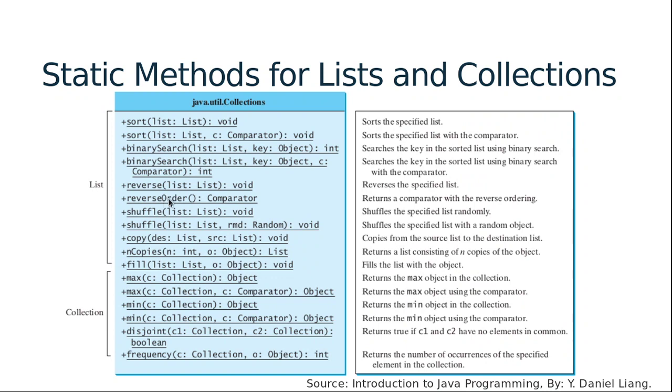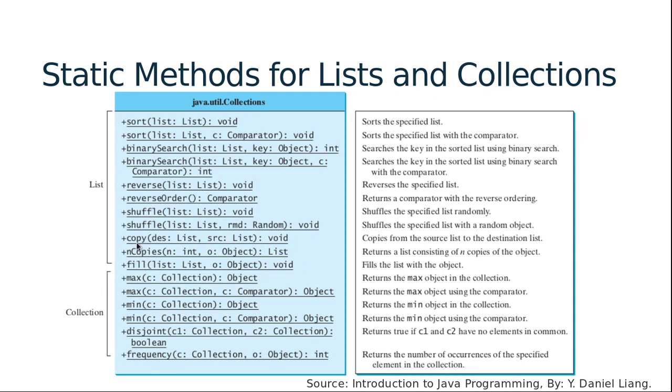There is a reverseOrder method which will return the comparator object that defines the reverse ordering. And this comparator object you can use in a TreeSet also, or you can use in the compare method also. Then there is a shuffle method which will randomly shuffle your list, or it will shuffle your list based on the random number given.